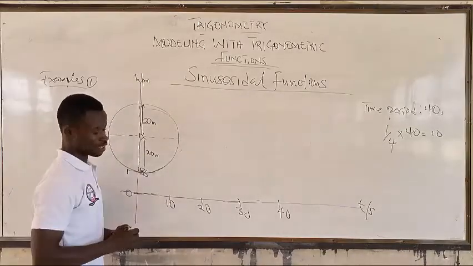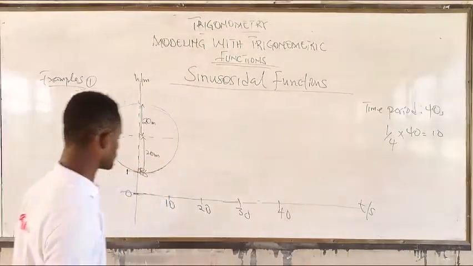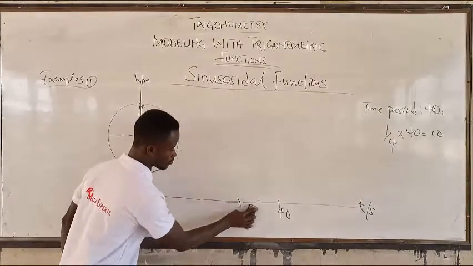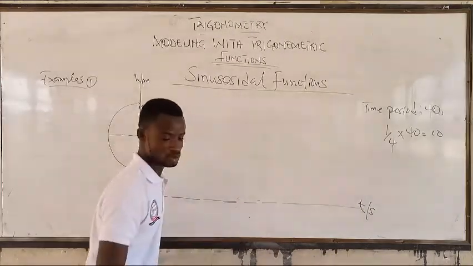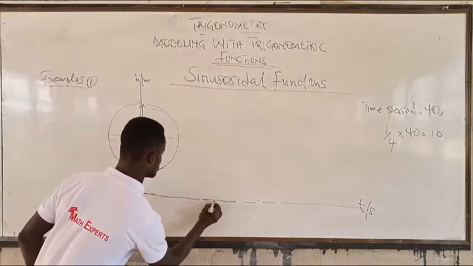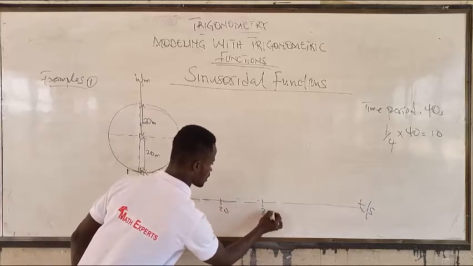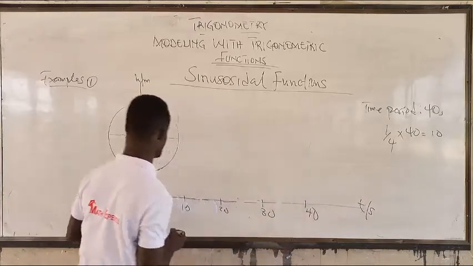Now, let me show something here. This one is too close to this. Let's level it. Okay, so let me use the thing here: 20, 30, 40. Very good.